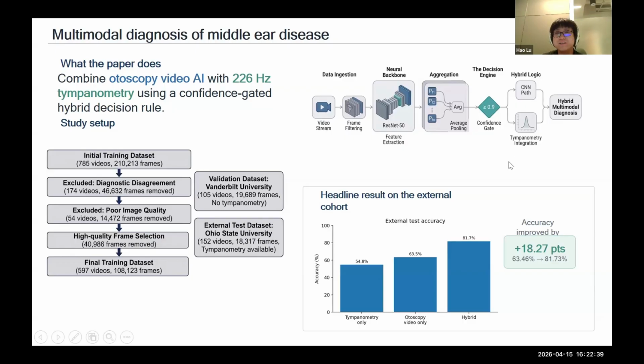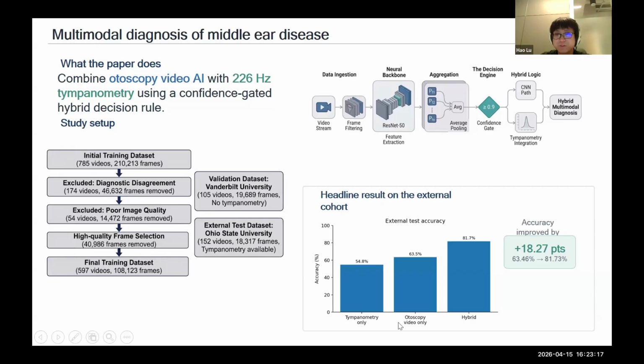And we borrow this idea for our AI diagnosis pipeline. We are thinking, why don't we totally mimic the human diagnosis process? So by integrating this pipeline, of course, first, as I mentioned, we build a very solid data set, and then we combine the video information and the tympanometry information together to do a hybrid multimodal diagnosis.